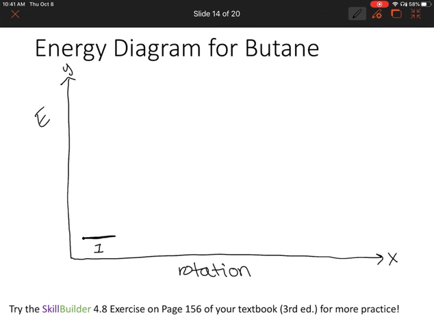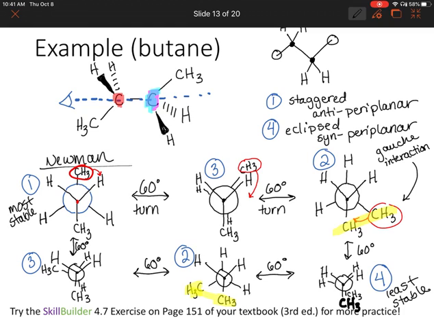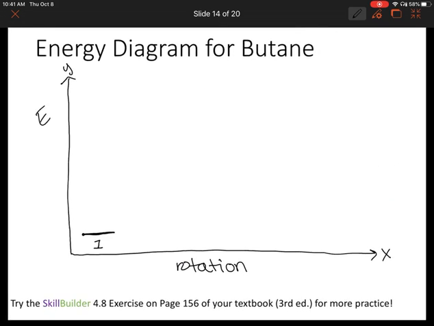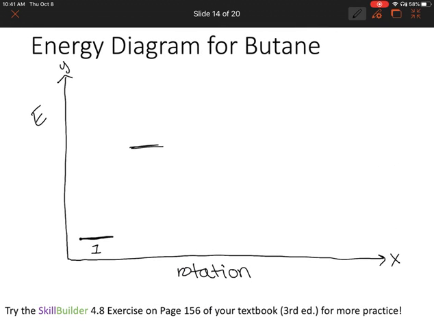And then, if we go back, we rotated that 60 degrees and ended up with our second structure, which we gave the energy level 3. So that was the second least stable. So let's give it an energy up here, for instance.